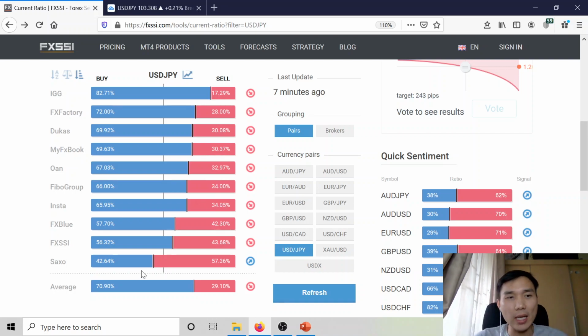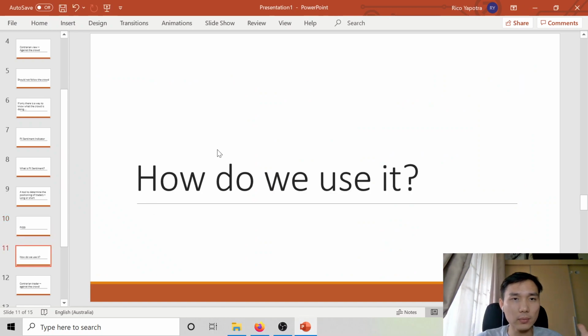I don't even know if the data is exactly accurate, like exactly 70% of traders out there. We cannot really say that, but it gives a clue that the majority of traders are buying this pair, and that's really good information to have. So now we know what the crowd is doing, what their positioning is.